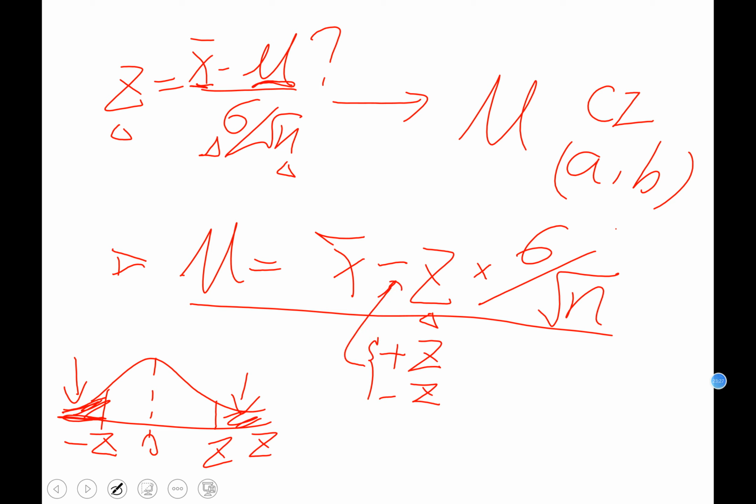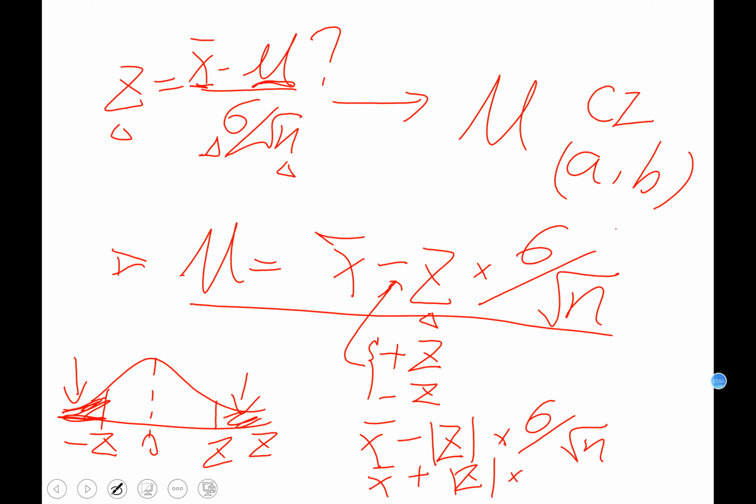So we put all these two numbers here. We will get two formulas. The first one is X bar minus the absolute value Z times sigma over square root n. And the second number is X bar plus absolute value Z times sigma over square root n.